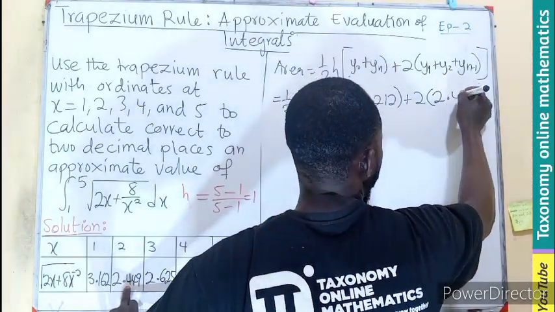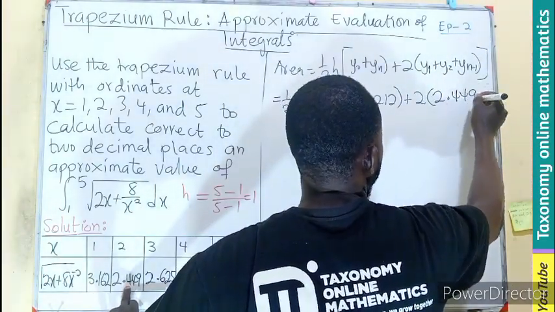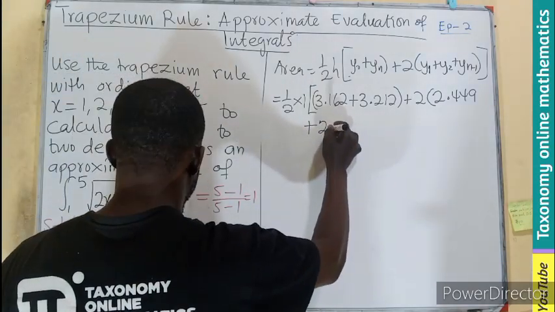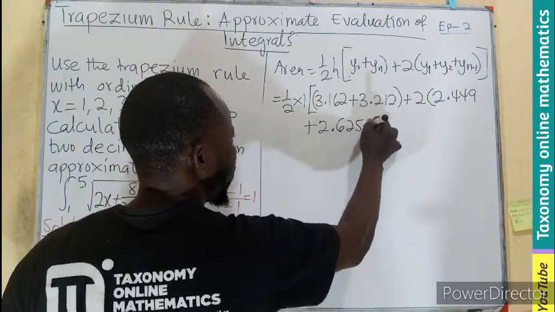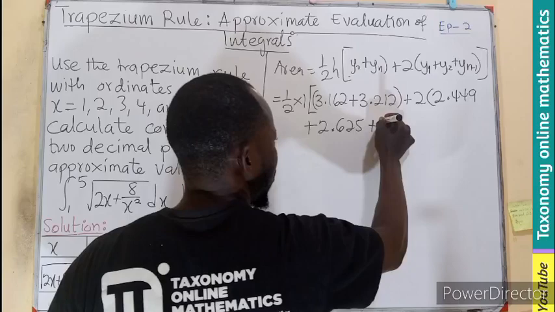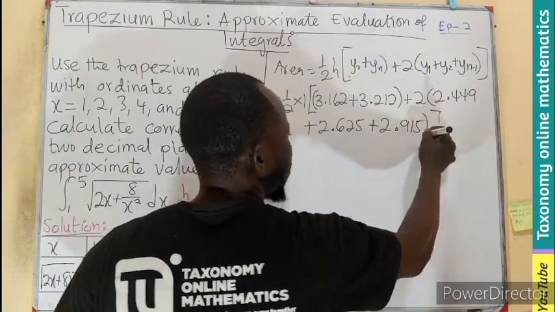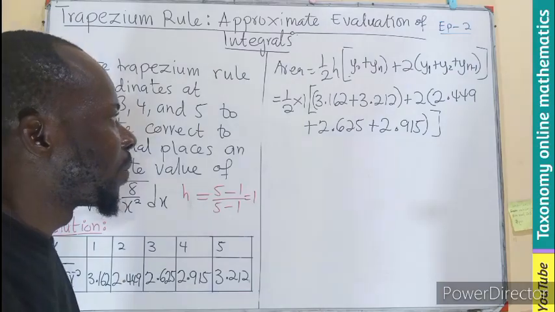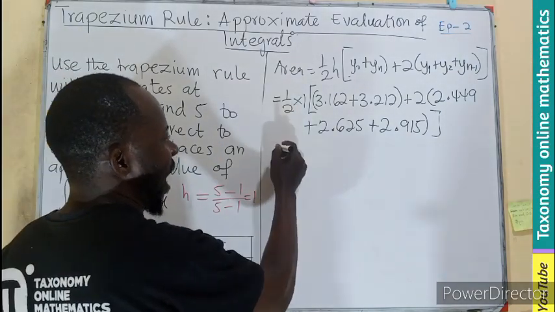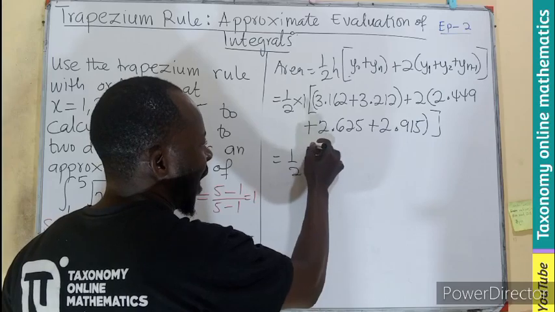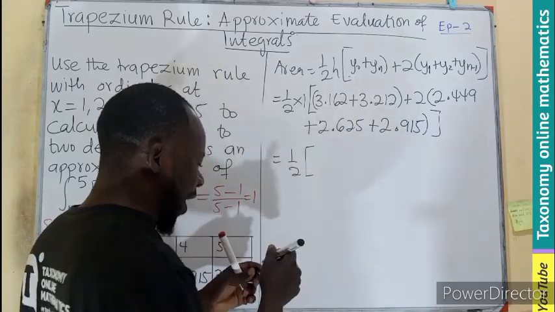So 2.449 plus 2.625 plus 2.915. So this is what we are having. If you multiply half by 1, you still get half. So let's get the first answer here.